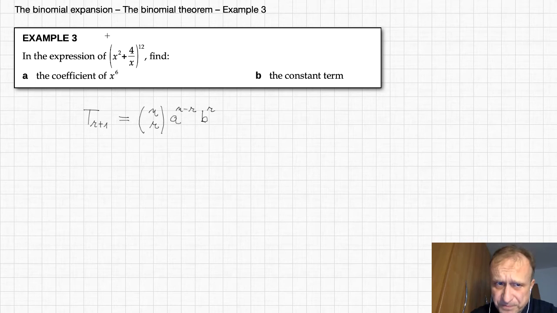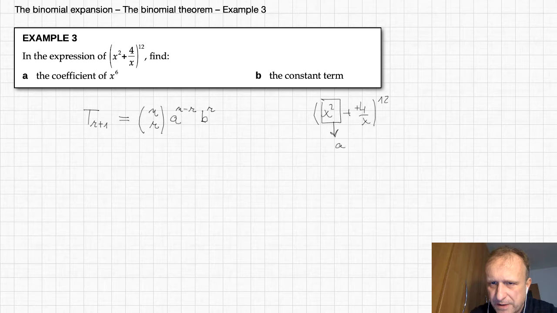Okay, so what should I do now? I can rewrite the original expression, x squared plus 4 over x to the power of 12. Now this is what we mean by a, and this is what is meant by b.